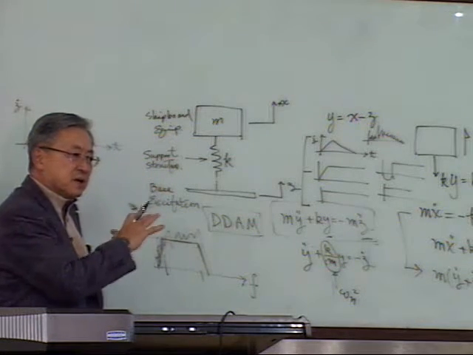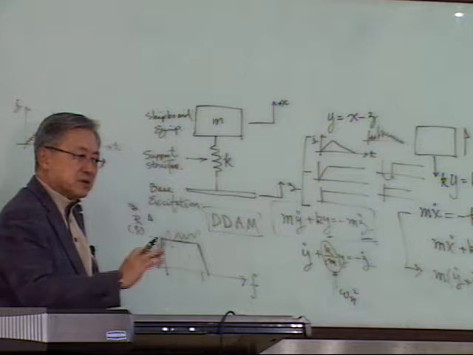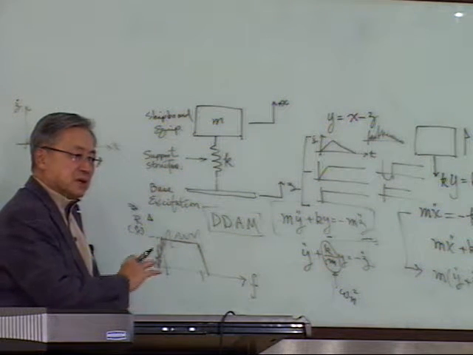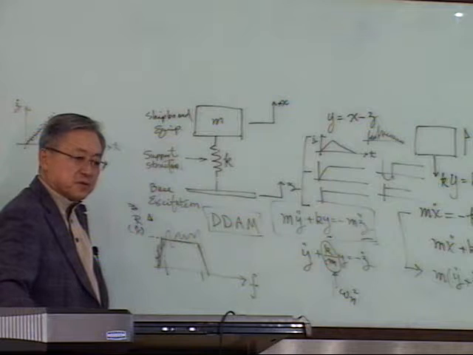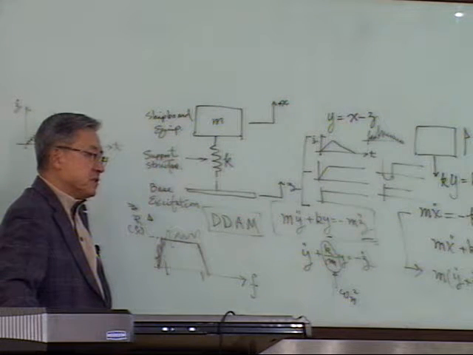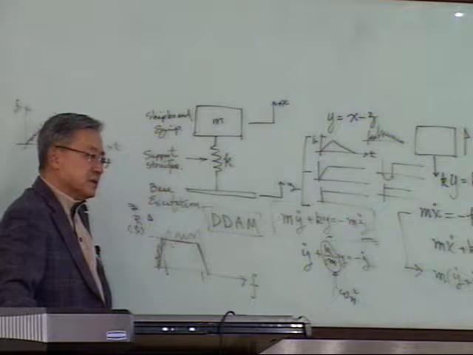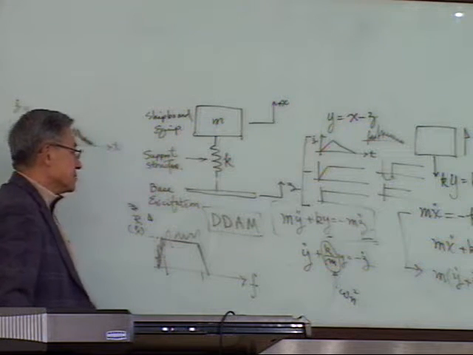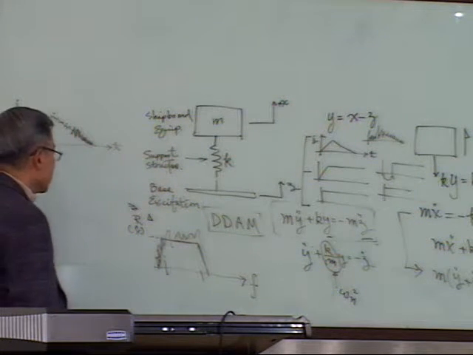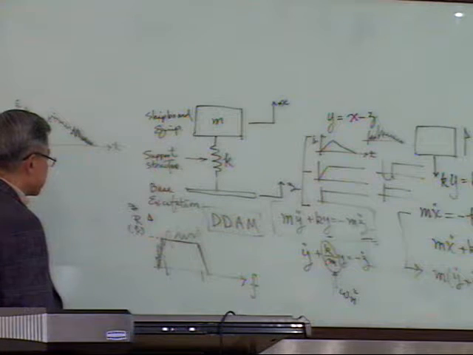Of course, they have a classified version and an unclassified version. What I'm doing here is, of course, the unclassified version that the Korean Navy also used before and is using right now.